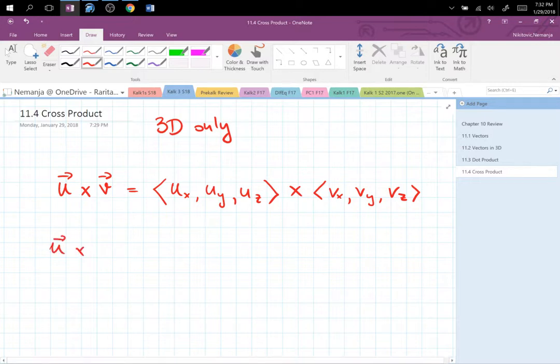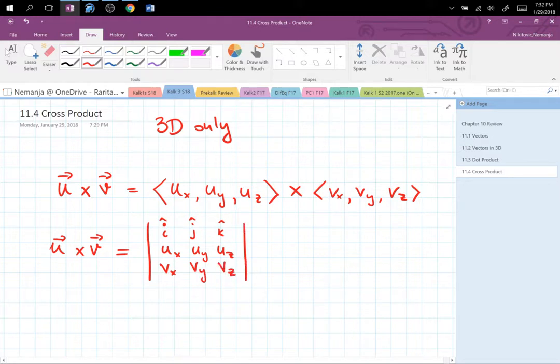So u cross v is going to be the determinant of the 3x3 matrix, where the components i, j, k, which are the unit vectors, go on the first row. ux, uy, uz occupy the second row, and vx, vy, and vz will be on the third row.